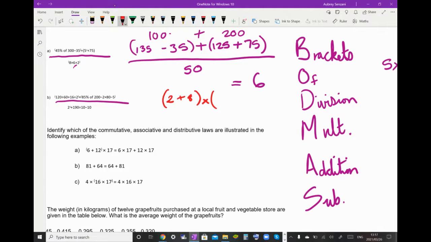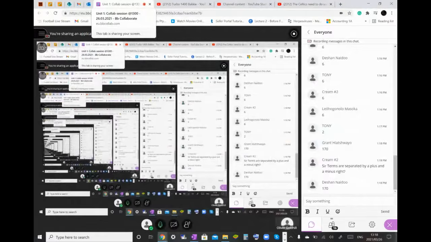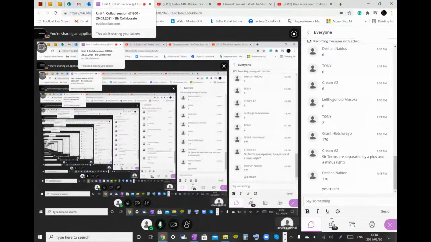You guys are allowed to use your calculators, because in the test or exam you will be allowed to use your calculators. Yes, the terms are separated by a plus and a minus. That's correct. Thank you guys. It is 170. Thank you, Grant. Thank you, Deshan.